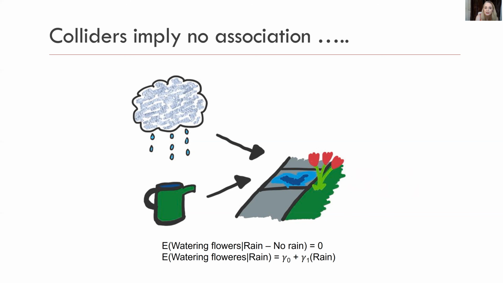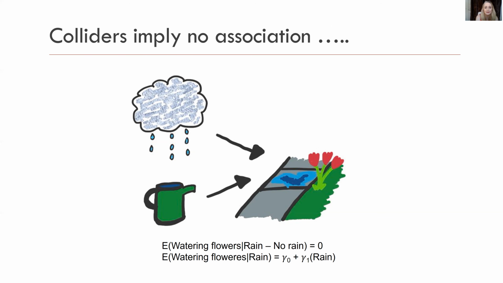So in this particular example, we have as our collider a wet sidewalk. And we have rain as a cause of that wet sidewalk. We also have watering the flowers as a cause of that wet sidewalk. If we just look for a statistical relationship between rain and no rain on watering the flowers, we will not find one under this DAG. So, this is something that, some people are happy to water their garden even when it's raining.